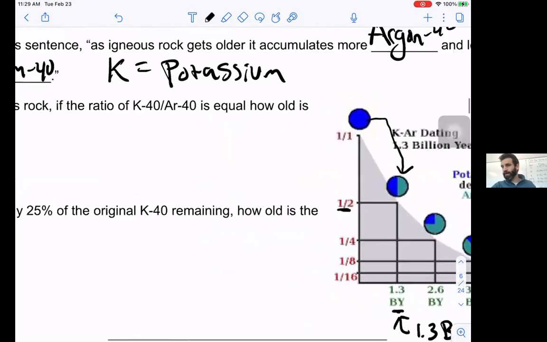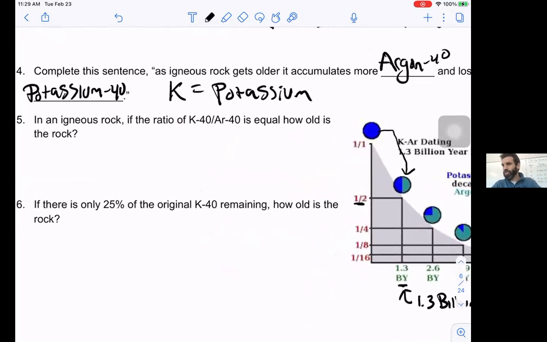So in igneous rock, if the ratio of potassium 40 and argon 40 is equal, how old is that rock? Well, here you can see that there's 50-50. So that's one half-life. Half of the potassium 40 has disappeared and become argon 40. So I know that rock is approximately 1.3 billion years old.